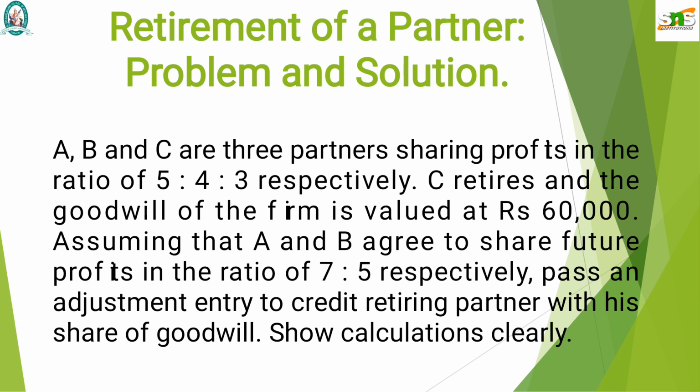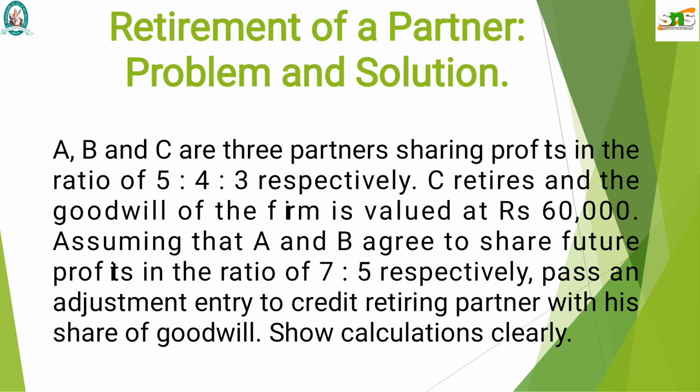Assuming that A and B agree to share the future profits in the ratio 7:5 respectively, pass an adjustment entry to credit retiring partner with his share of goodwill. Show the calculations clearly. Now we are going to see the explanation for this problem.